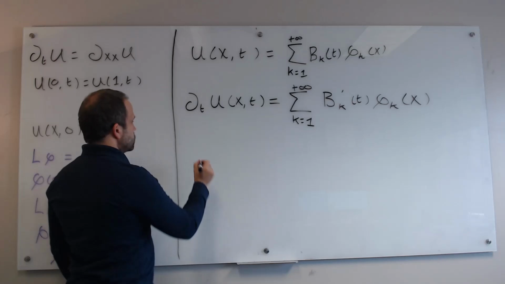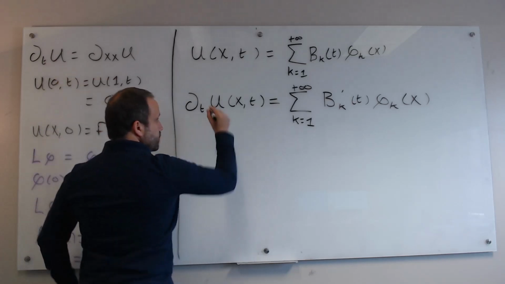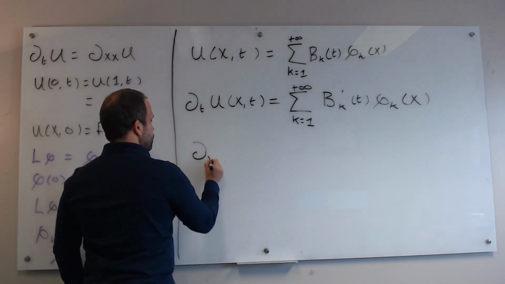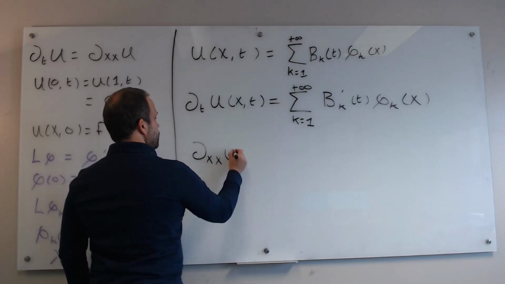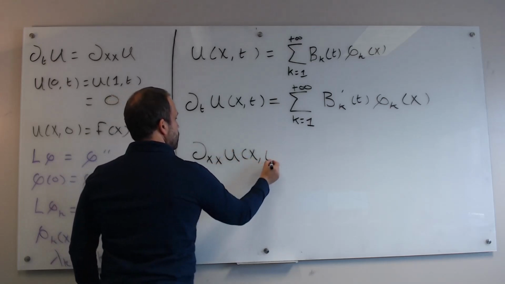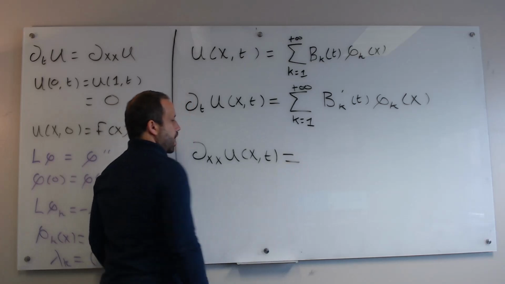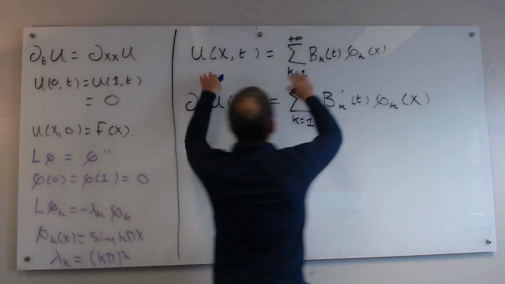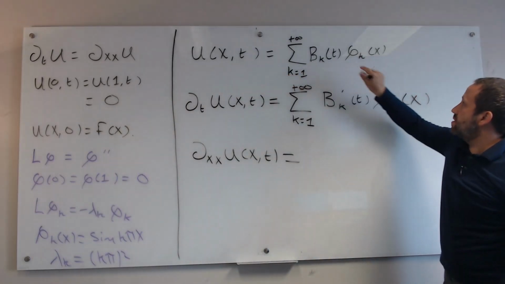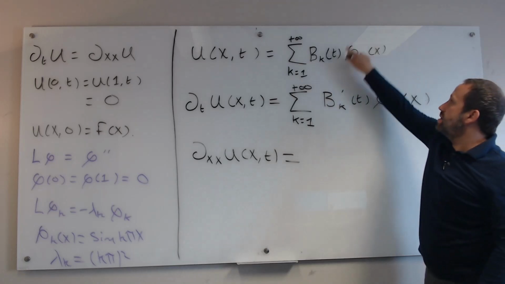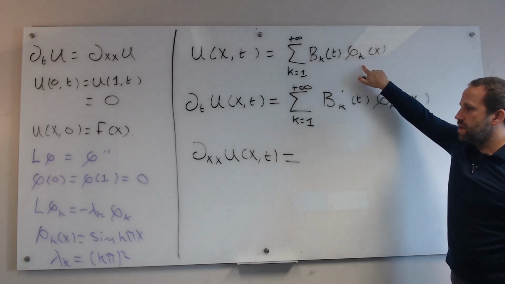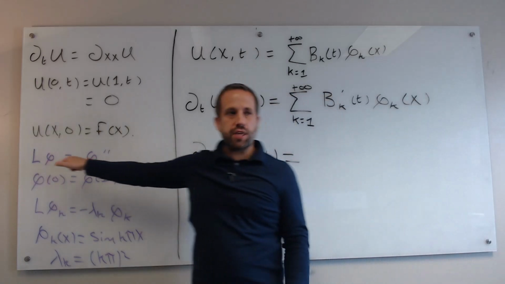Now notice this. I want to do the second derivative and set those two things equal to each other. When I do the second derivative of this function, it is going to come in and just hit the phi k function. But that's just the same as doing this operator.